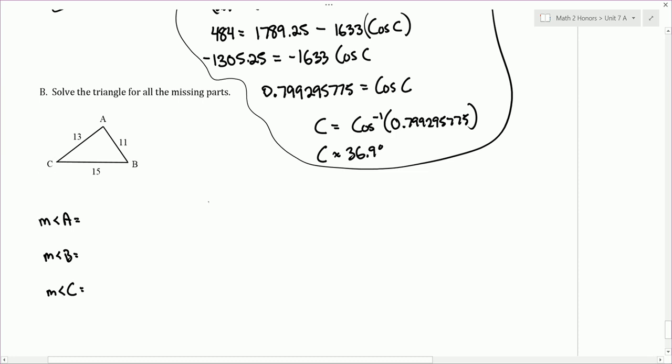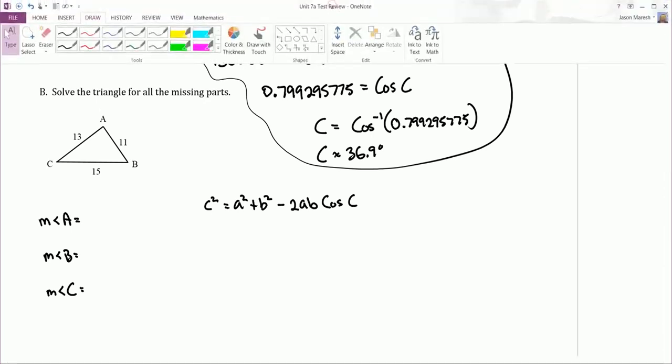So using the law of cosines, C squared is equal to A squared plus B squared minus 2AB times the cosine of C. If you want, what you could do is get the cosine of C by itself before you even plug anything in.